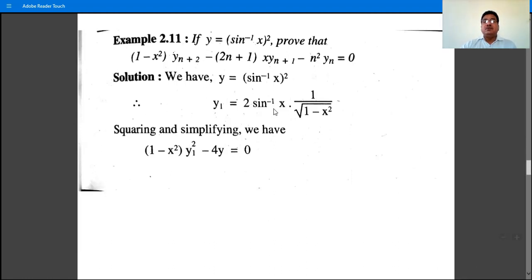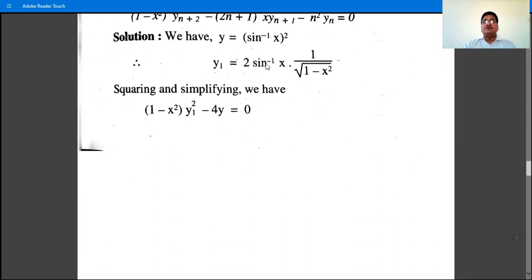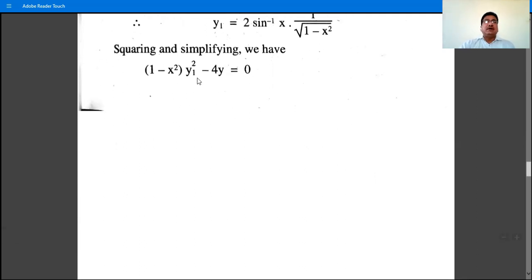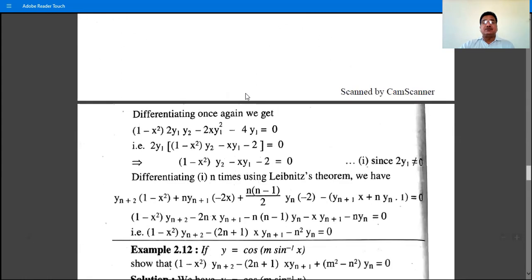Shift that 4y to LHS, and we have this step: (1 minus x square) y1 square minus 4y is equal to 0.